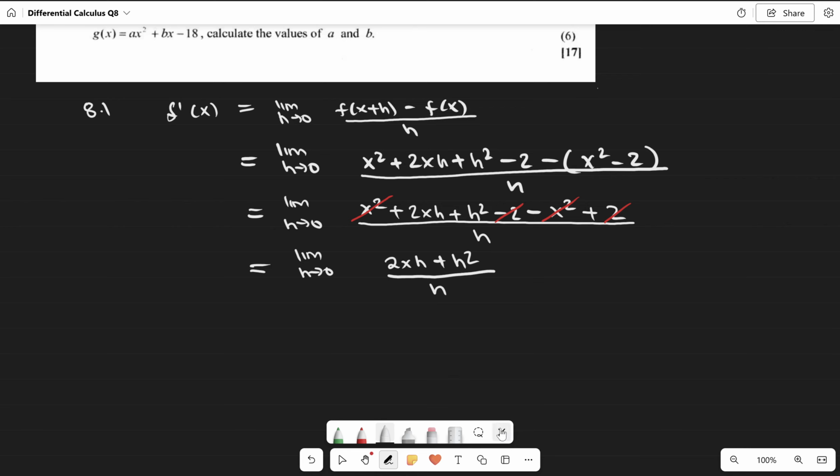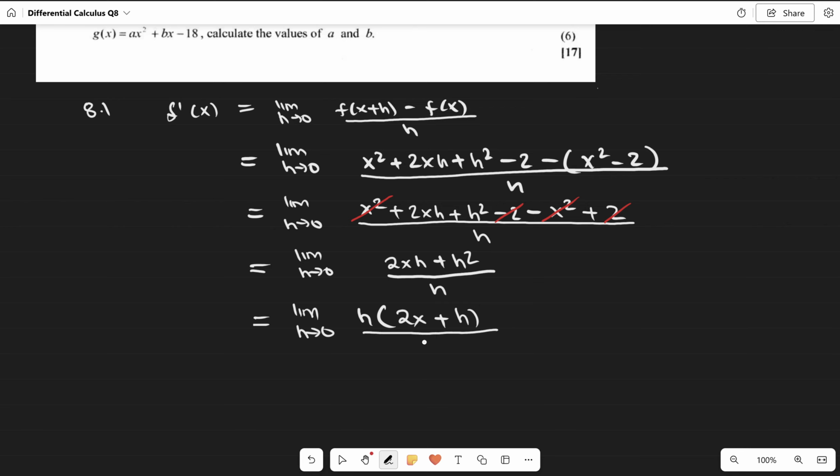Now we say the limit as h approaches 0. We can take the common factor in the numerator, which is h. So we are left with h times 2x plus h, divided by h. These h's cancel out, so we are left with 2x plus h.